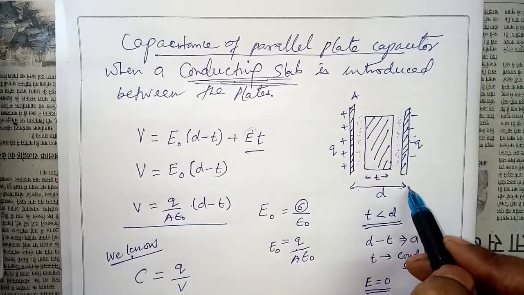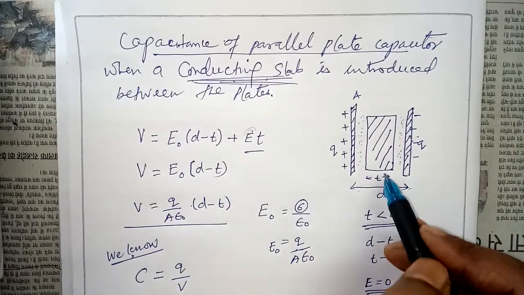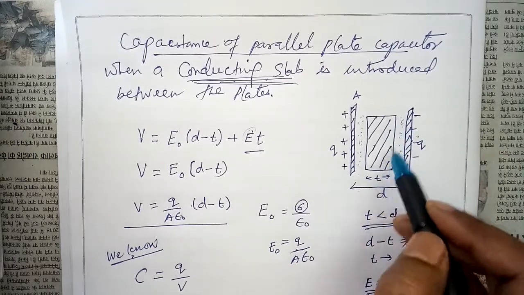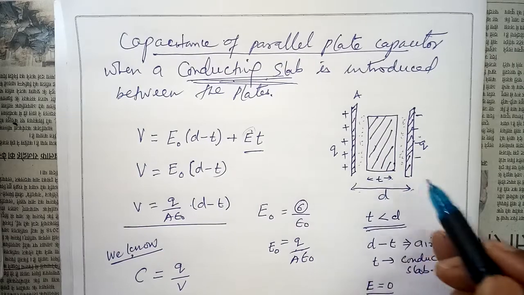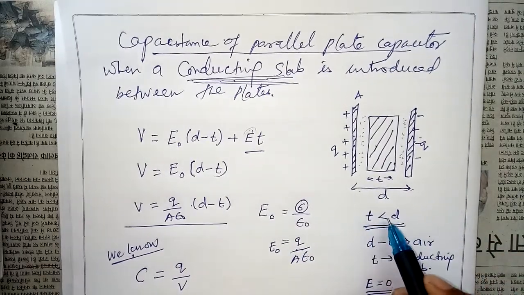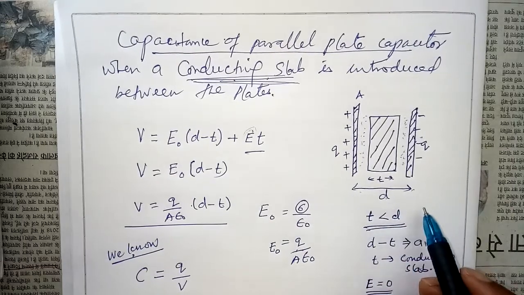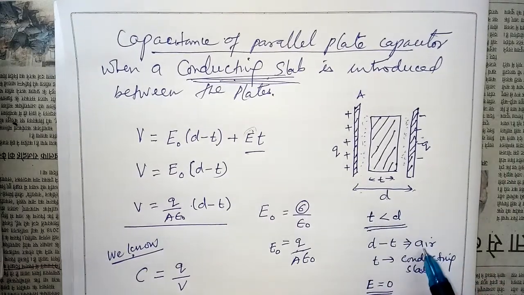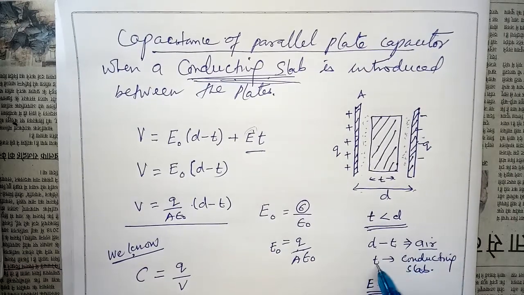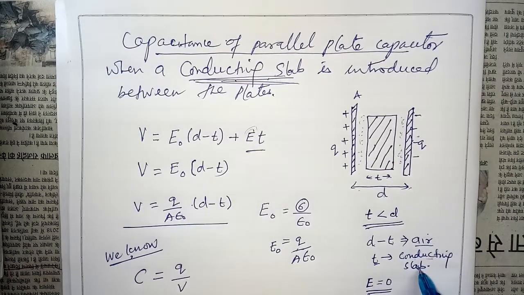The separation between the plates is D, and as per our topic requirement, we have introduced a conducting slab of thickness T. An important thing we have noted is that the thickness of the slab should be less than the distance between the two plates, and there will be two regions, one filled with air of thickness D minus T, and for thickness T it is the conducting slab.